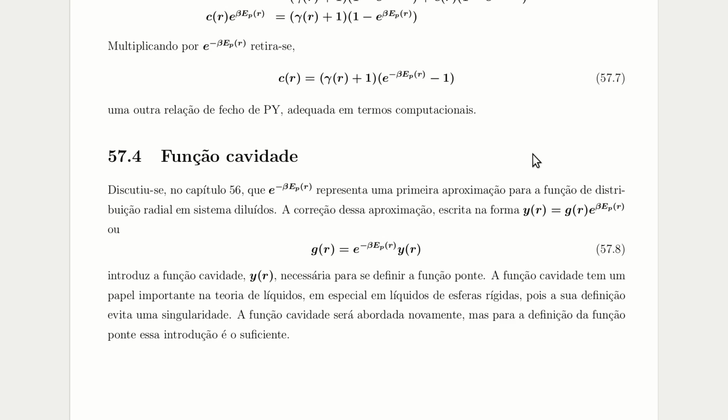It's convenient to define two other functions in liquid theory. One of these is the cavity function, which is defined by that. That's y, this is the cavity function, or that, which has an interesting interpretation. The cavity function is a correction to the Boltzmann factor. If you have a potential, you have the Boltzmann factor.